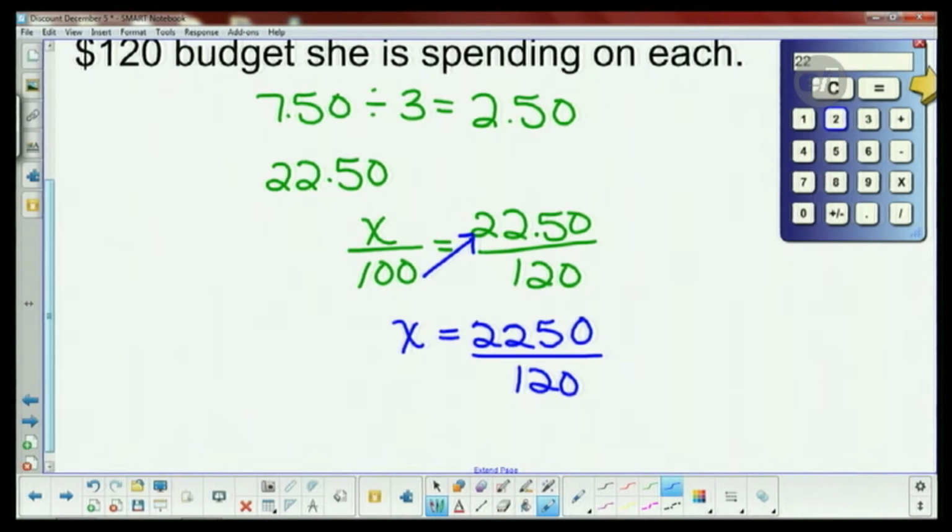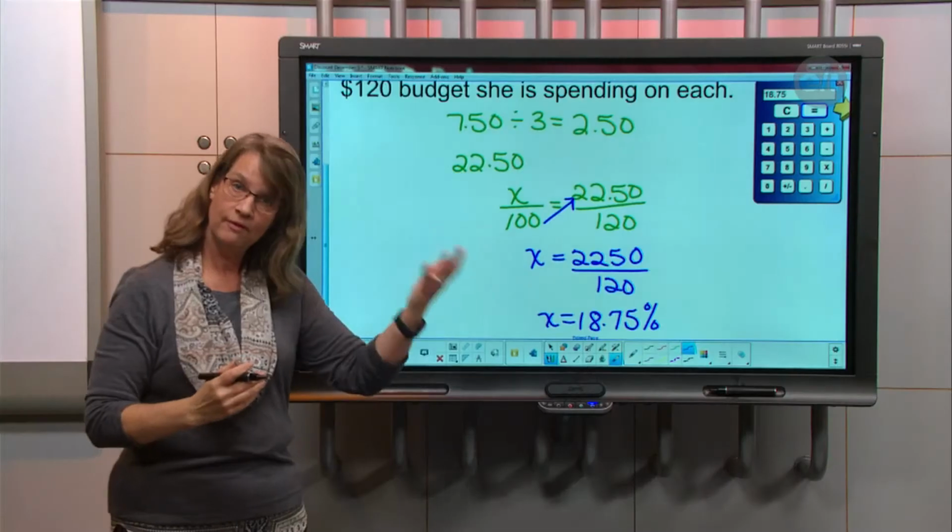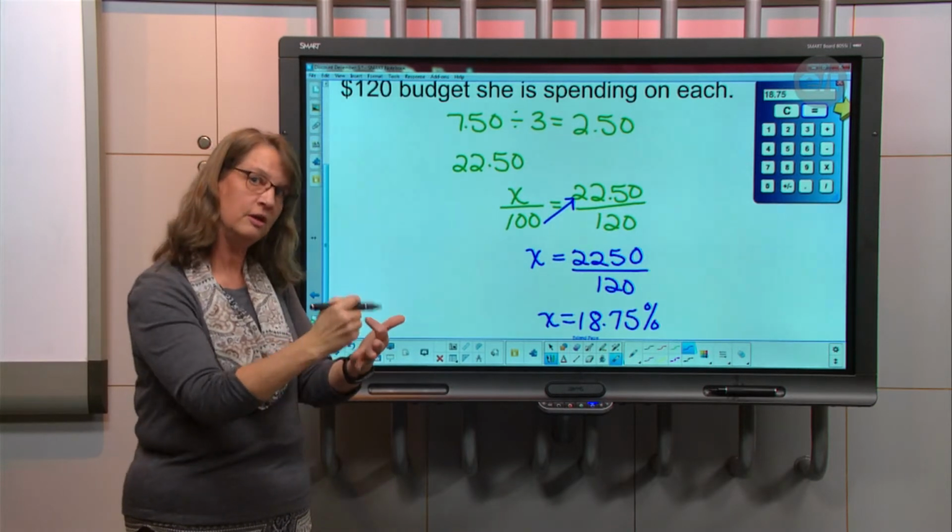Again, 2250 divided by 120. That's equal to 18.75% on each of her brother, her sister, and her friend.